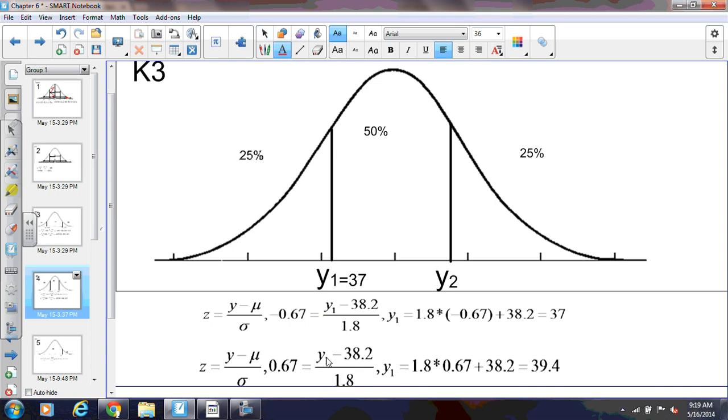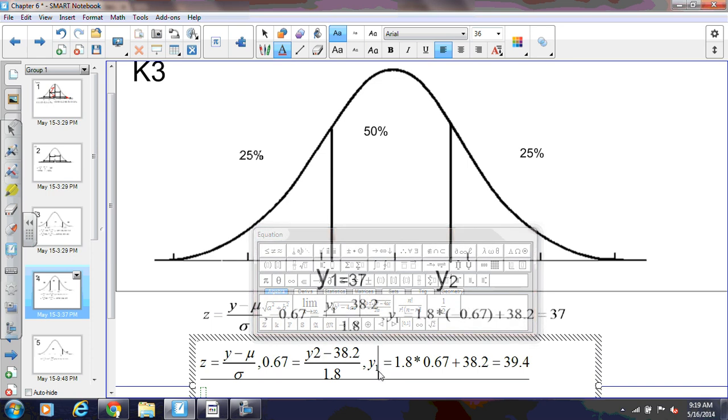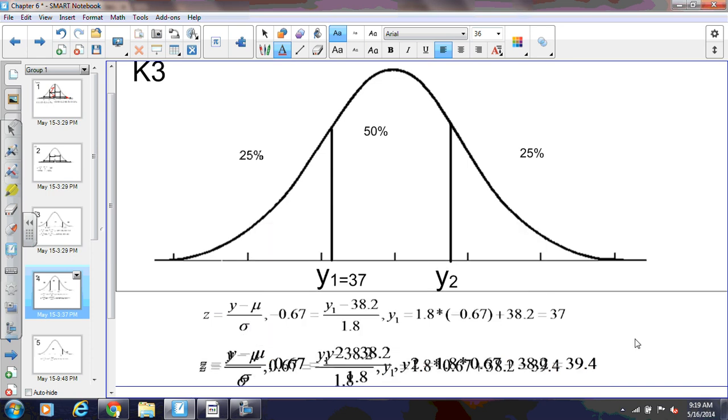So this value actually should be y sub 2, and this as well should be y sub 2. Understand that those are supposed to be y sub 2s, and that gives us a value of 39.4.